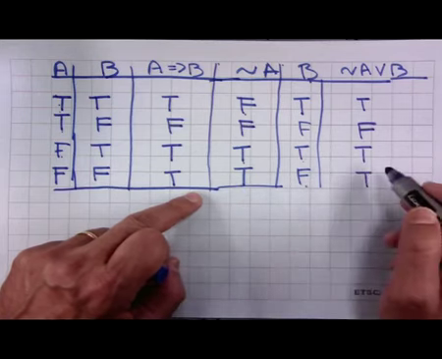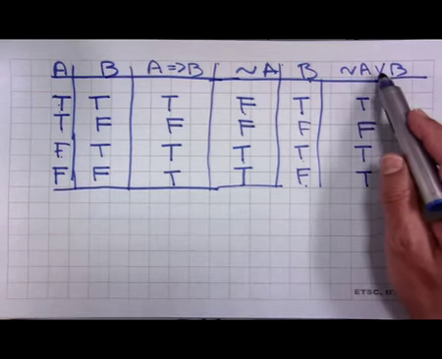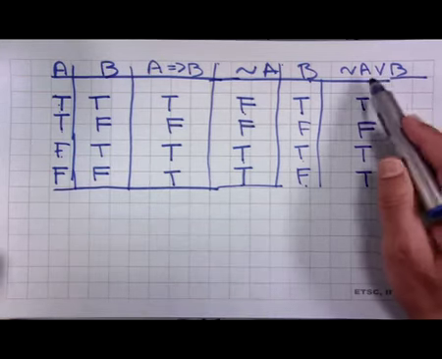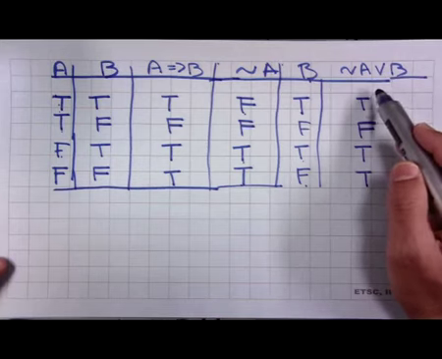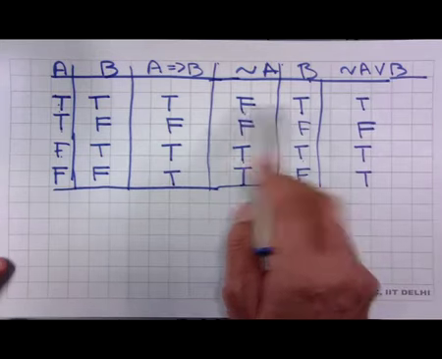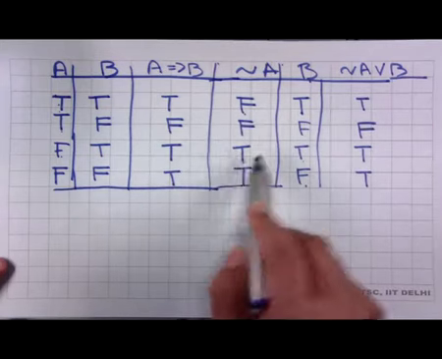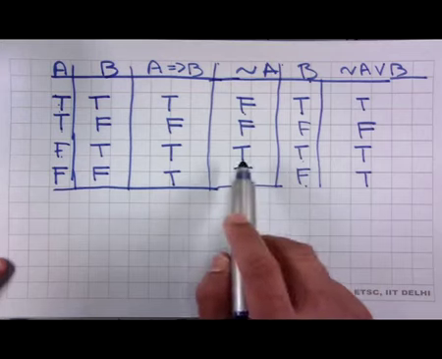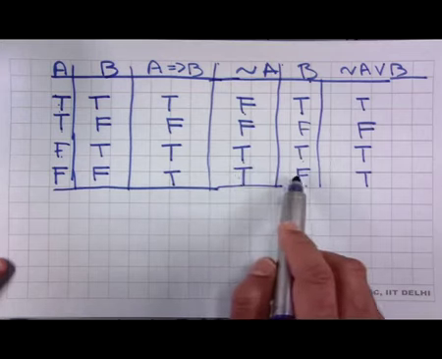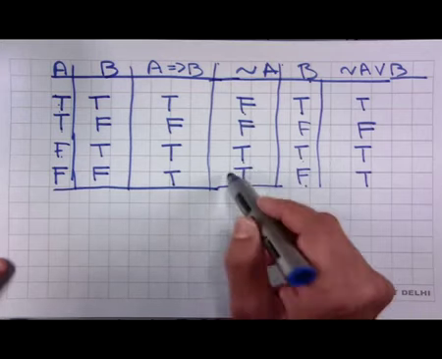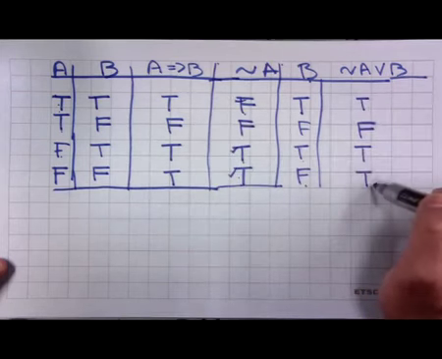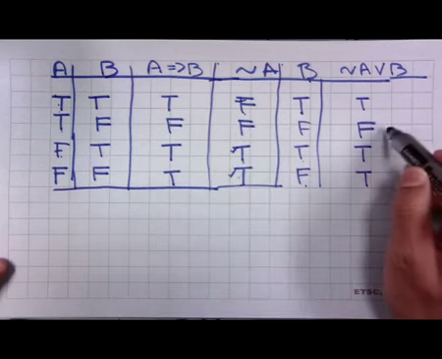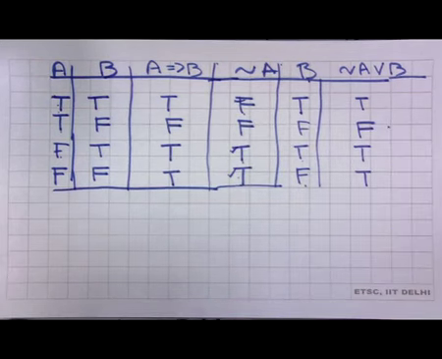again, because we know that under OR the compound statement will be true if any one of them or both are true. So, here not A is false, but B is true, here both of them are true, here not A is true and B is false. Therefore, in all these 3 cases, not A or B is equal to true, but only in this case it is false.